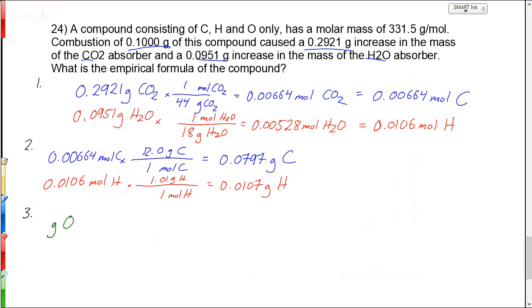All right, so now we can get the grams of oxygen by subtracting those. The grams of oxygen is going to be the total amount that we started with, which is 0.100 grams of the total compound. We did that up here. So it was this much water, and then we multiplied it by 2 to get this many moles.